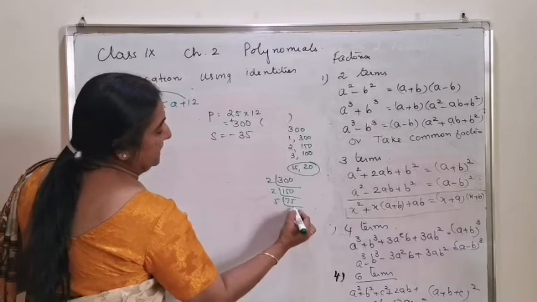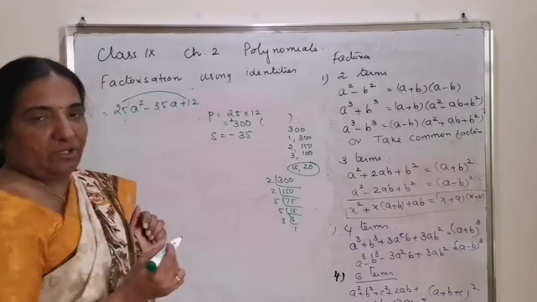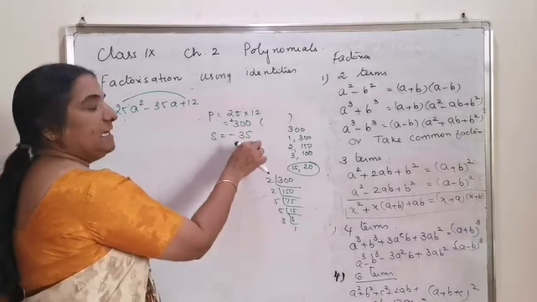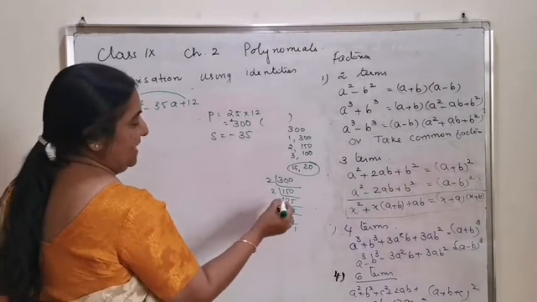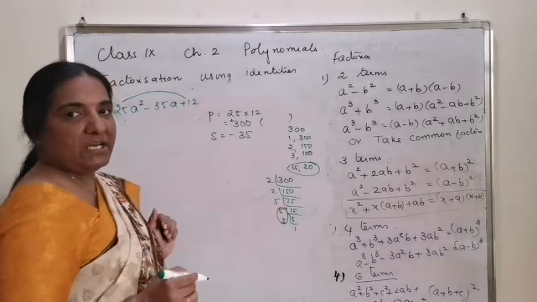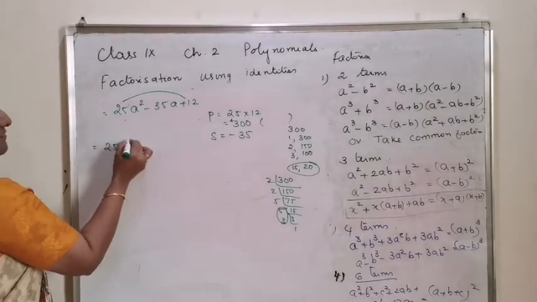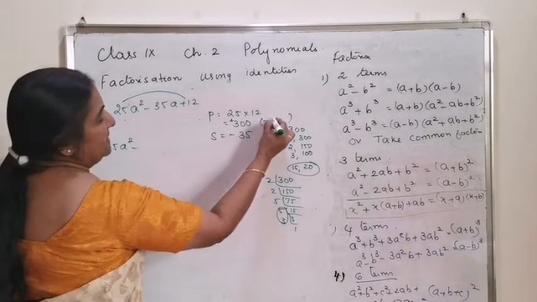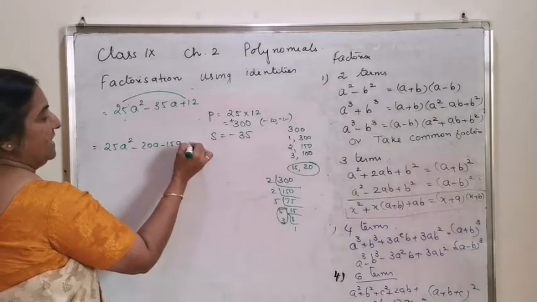You can select the combinations which will give you, since it is a bigger number, the combination of 20 and 15. The 15 is 3 into 5, and 2 twos are 4, 4 fives are 20. So the expression is 25a square minus 20a minus 15a plus 12.